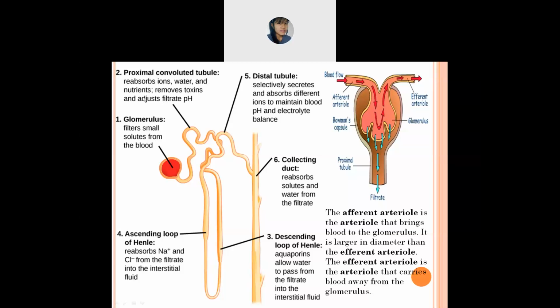All these ions, water and nutrients get reabsorbed, and they adjust the filtrate's pH. pH means power of hydrogen, where you get acidic or basic, so it will try to be neutral. The neutral point is 7, isn't it? So it will try to adjust in this part.